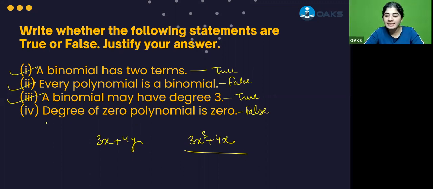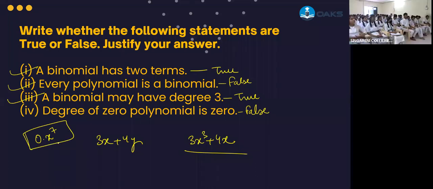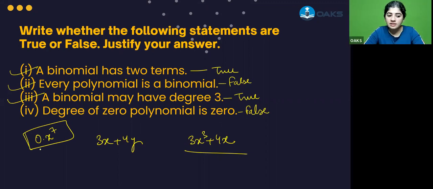Okay, so he has given the correct answer that it is false. Do you remember I told you about 0 into x raised to power 7? Is this a zero polynomial? And the degree here is 7. Okay, the constant is 0, but the degree is 7 here. So we can say that zero polynomials do not have any degree. You can say it is of degree 7, I can say it is of degree 4.